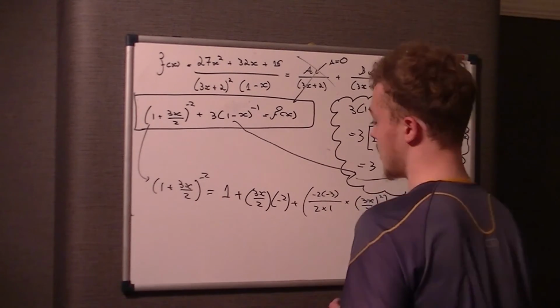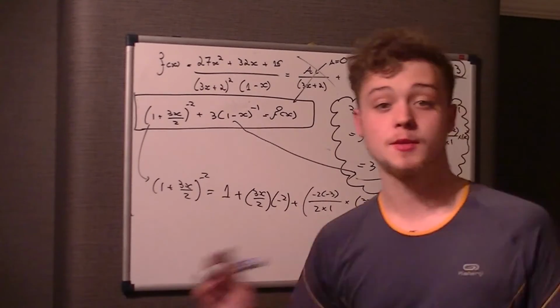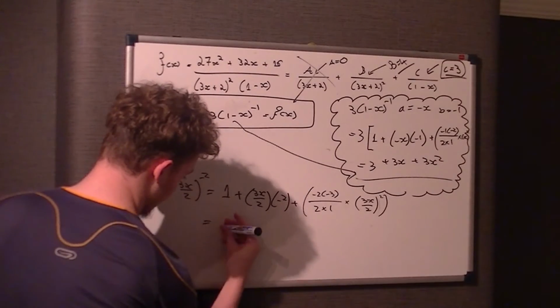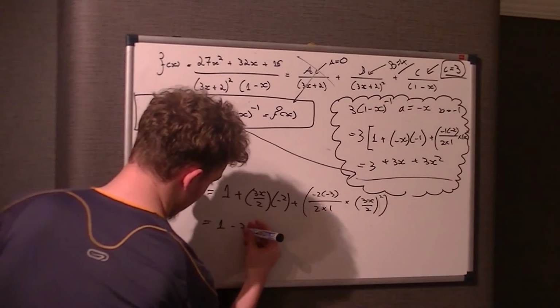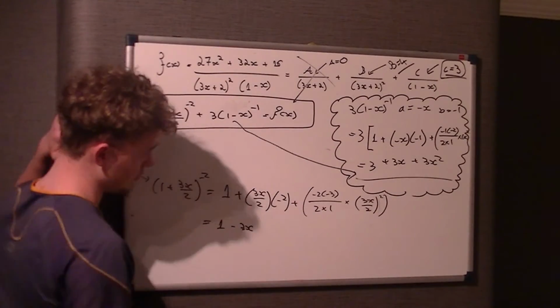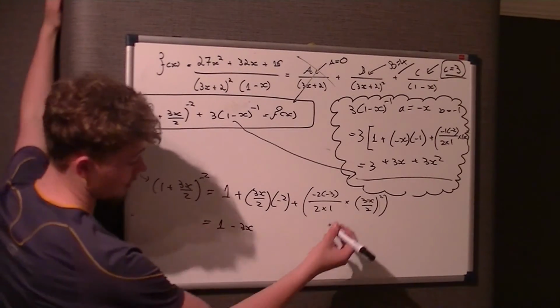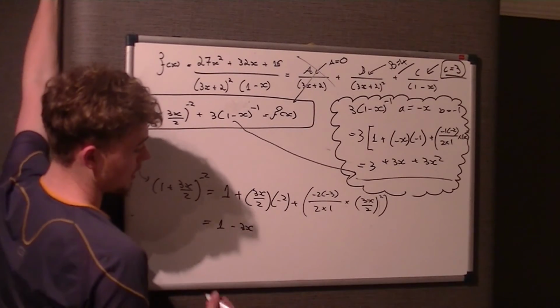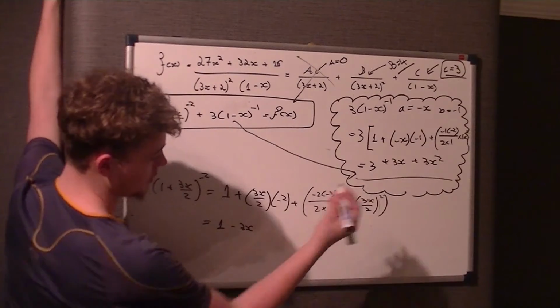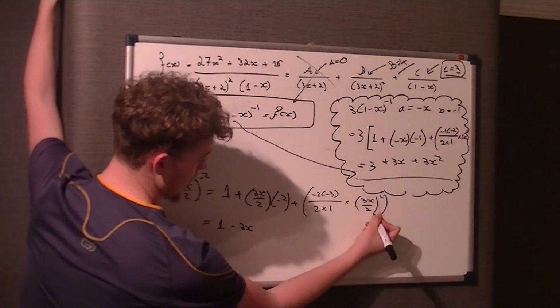Sorry, apologies. And then it's just a case of expanding this and then simplifying it. Well, it simplifies to 1 take 3x, and the 2 times negative 2 times negative 3, or positive 6, they cancel with a 2, so that becomes 3 times (3x over 2) all squared, which obviously becomes 9x squared over 4.